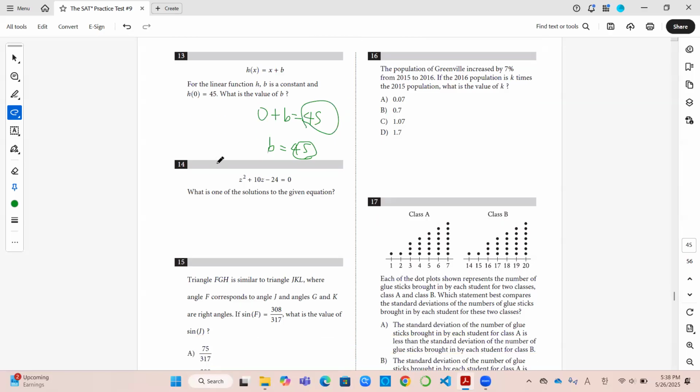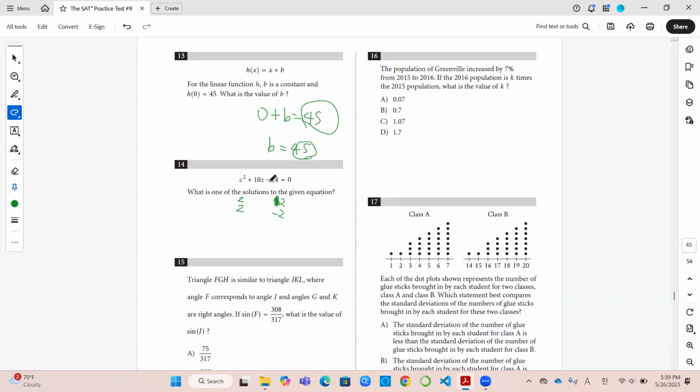Question 14. What is one of the solutions to the given equation? I'm going to factor it out here. So c and c, we have 12 and -2 here.